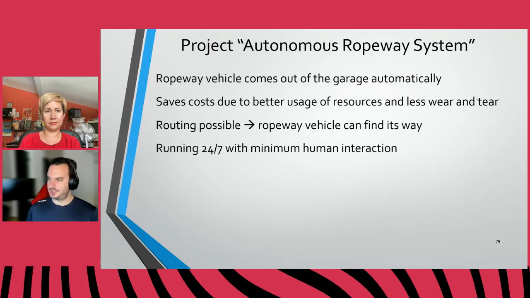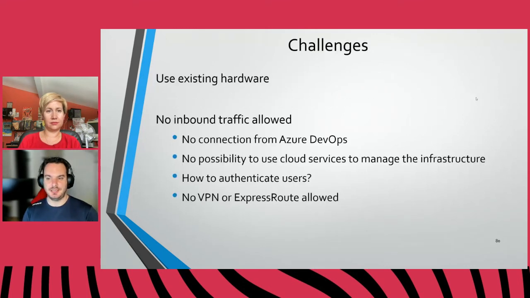The challenges we were facing were that we had existing hardware and some firewalls, so we had problems with the connection. This meant we had to use on-premise hardware and couldn't connect it to the cloud. Then we used Azure Arc, a Kubernetes cluster, and all the tools I explained today, and could manage this.